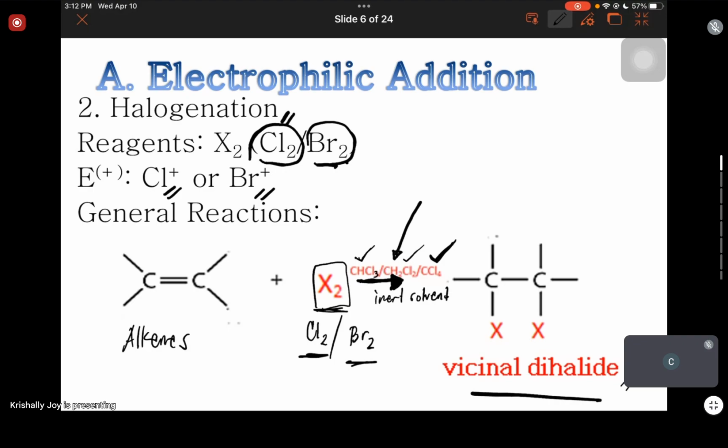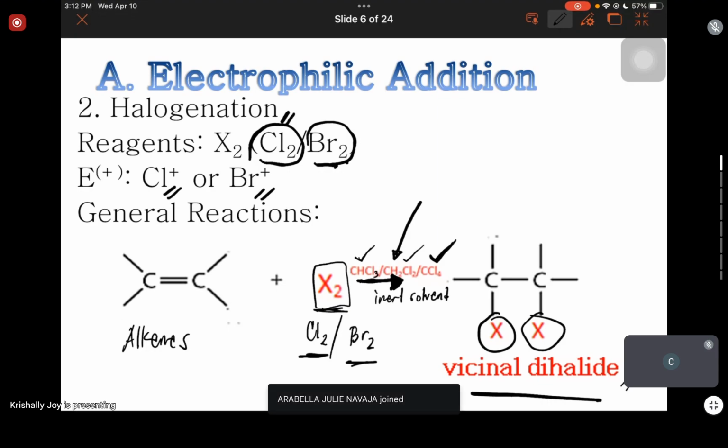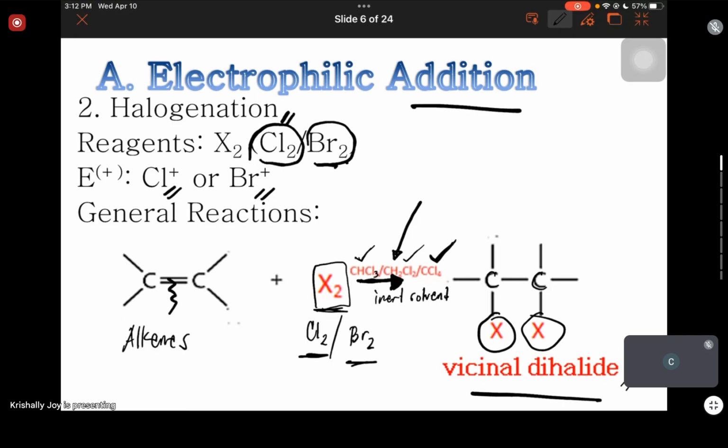So, kumbaga, yung dalawang halogen, it is added individually sa double bond carbon. So, meaning, after we break the pi bond, palagi kapag addition, electrophilic addition, mag-break sa gid ta og bond. Break the pi bond, so each carbon will now become highly reactive. Kung halogenation nga ang present nga inert solvent kay kani either aning tulo, okay?